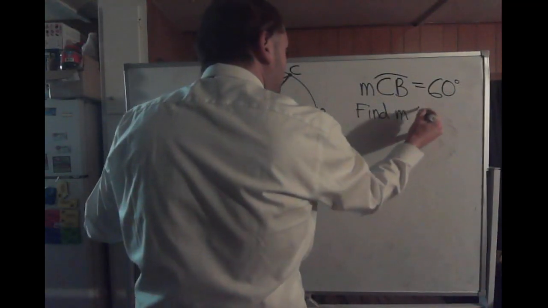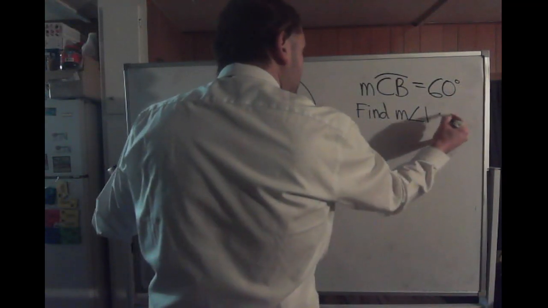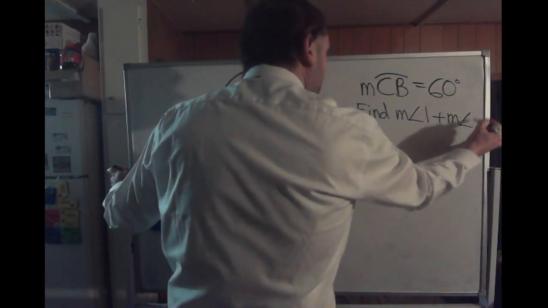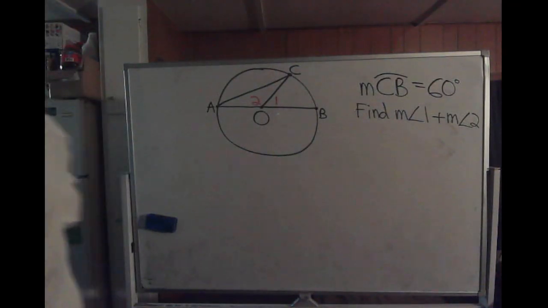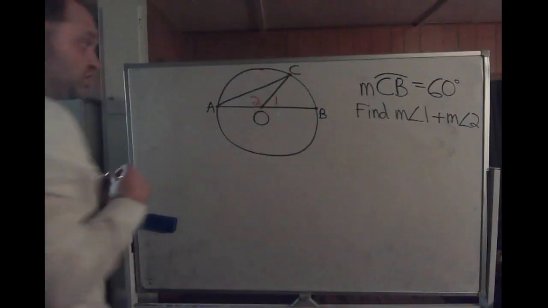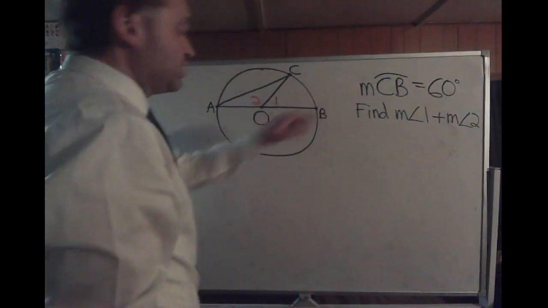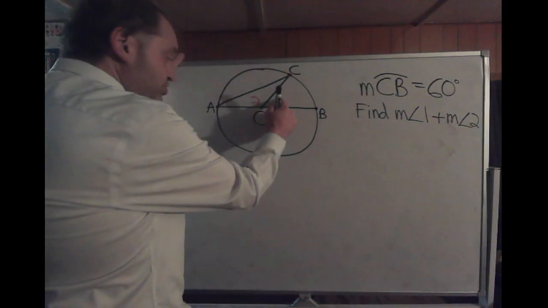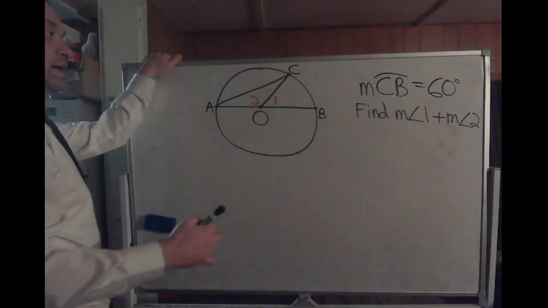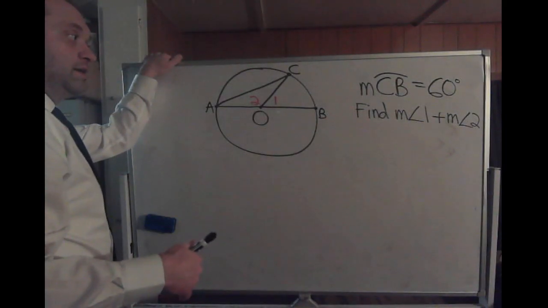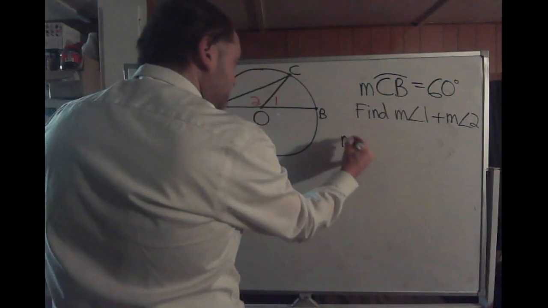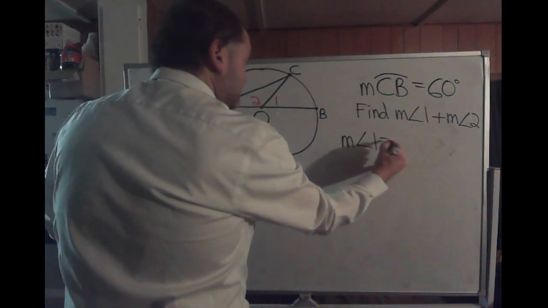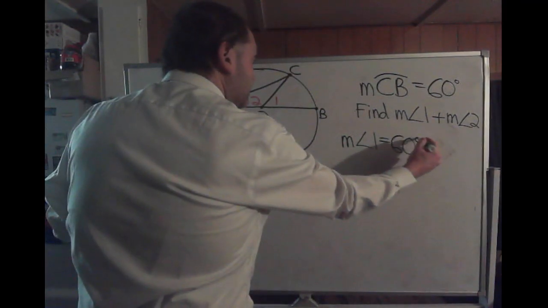Find the measure of angle 1 and the measure of angle 2. So we need to find both of those measures. So let's start then. Since we were given minor arc CB, it's clear that the central angle 1 is definitely attached to it, right? So that would have to mean that the measure of angle 1 would also be 60 degrees. That was an easy one.